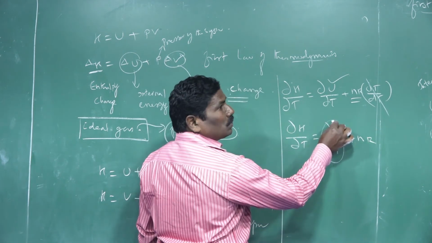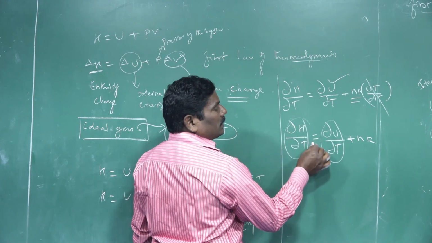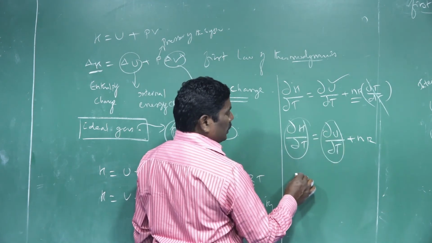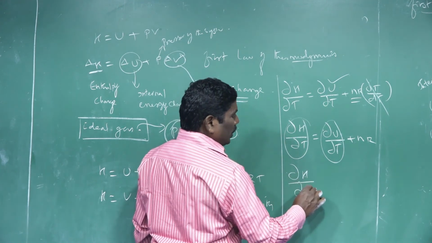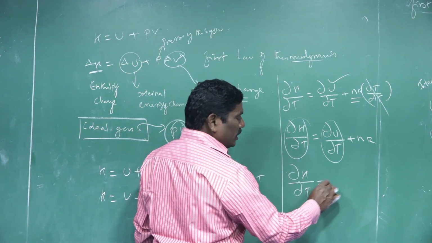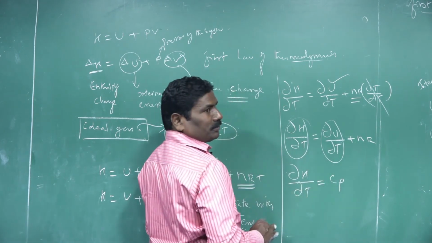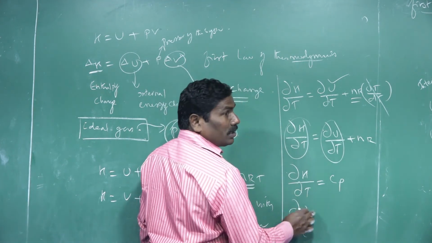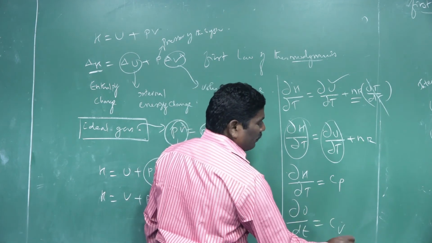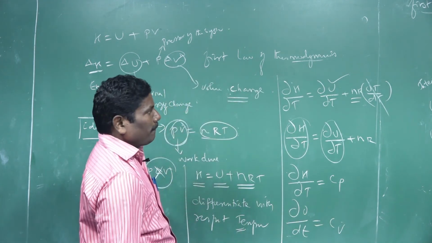Now, already I have given that dou H by dou T, or delta H by delta T, is equal to Cp. And dou U by dou T, otherwise delta U by delta T, is equal to Cv. This is a point you should understand.